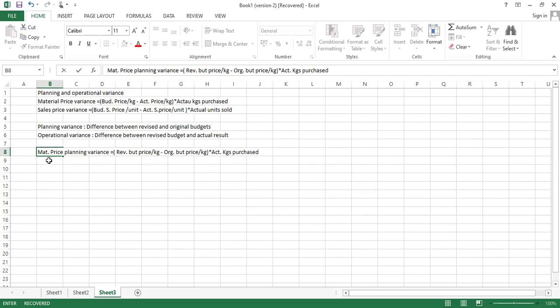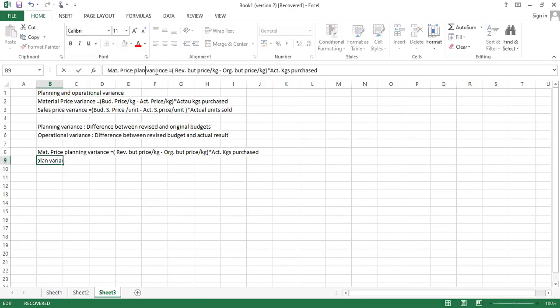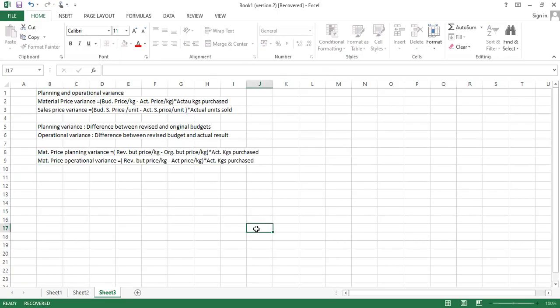This is planning variance. Then we have material price operational variance, which is equal to revised budgeted price per kg minus actual price per kg, into actual kgs purchased. This is material price operational variance.